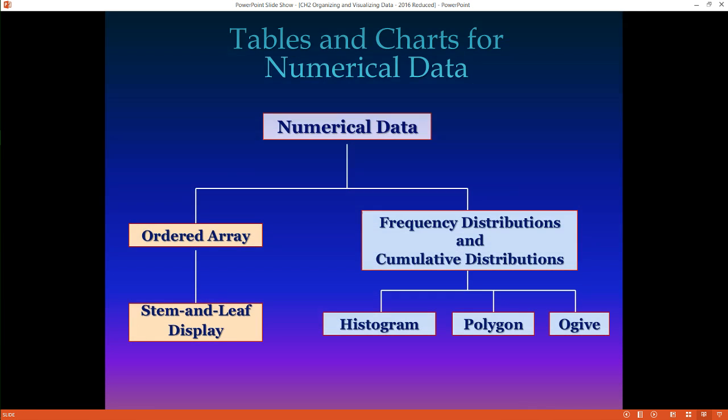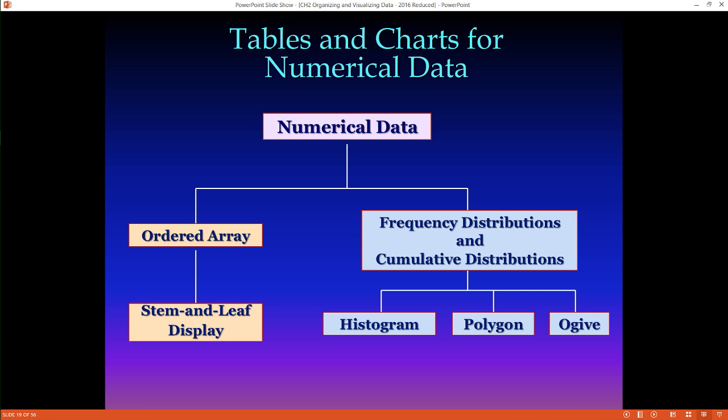Okay, so now we're going to get into some numerical data. We're going to make some tables and charts for numerical data. So it's a little bit different than what we just did, sort of. I mean, the charts are similar anyway.